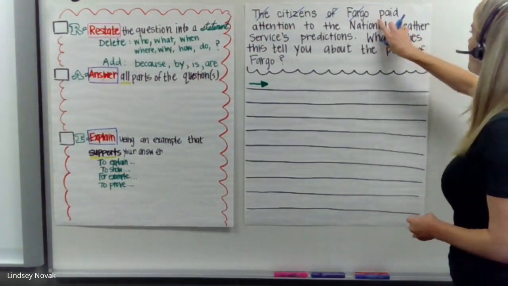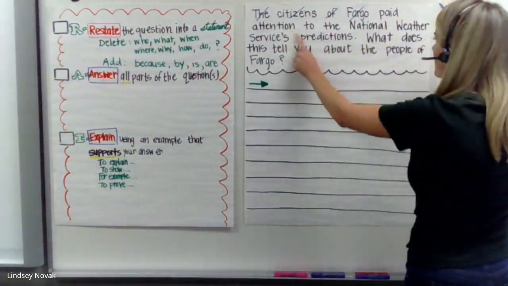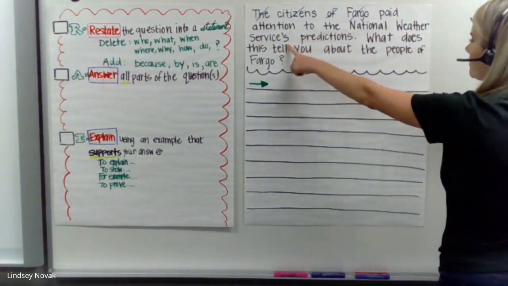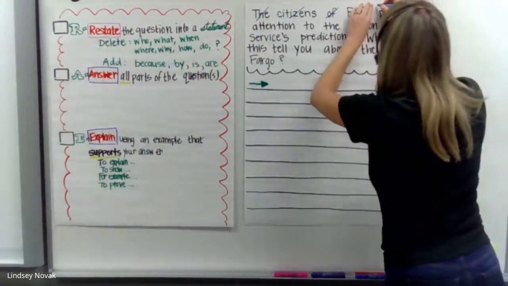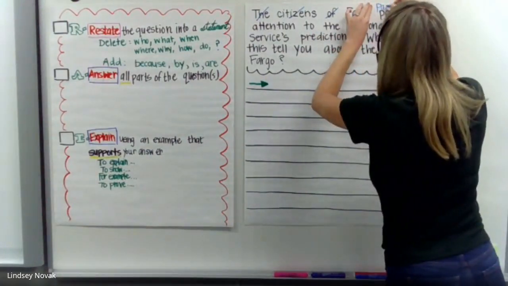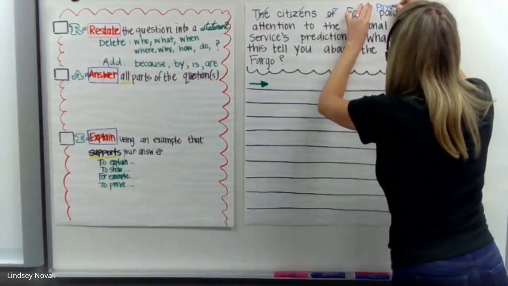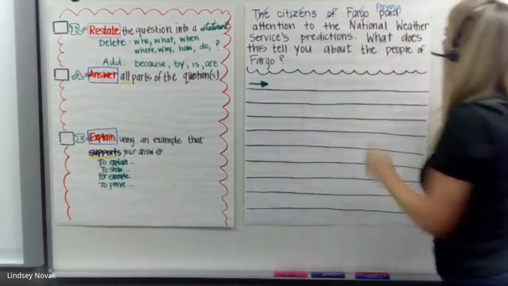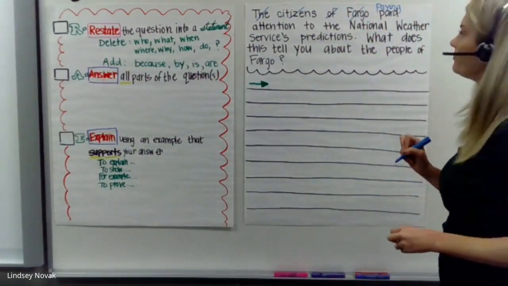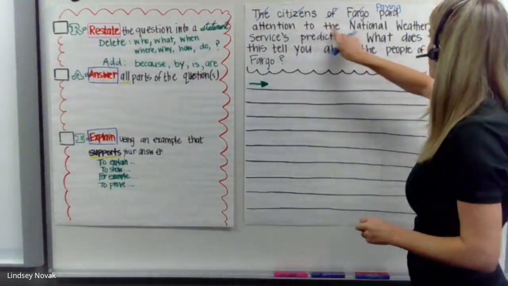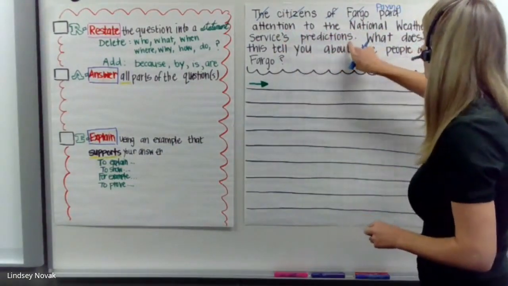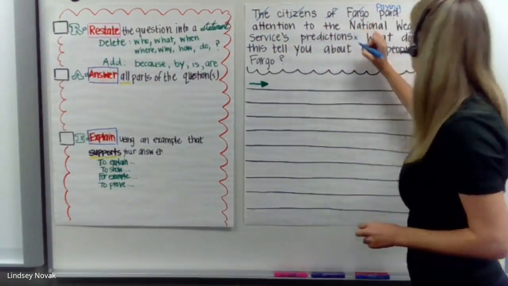And I want my sentence to start with paying attention to the National Weather Service's predictions. And I'll show you guys what that looks like. So I'm changing paid into paying. Paying attention to the National Weather Service's predictions. I'm going to get rid of this period.